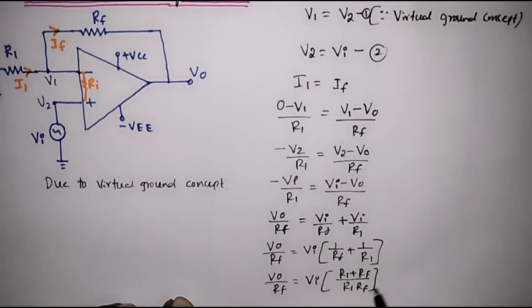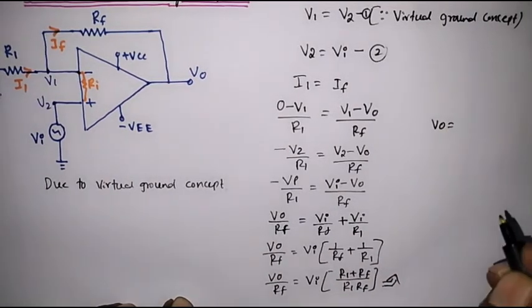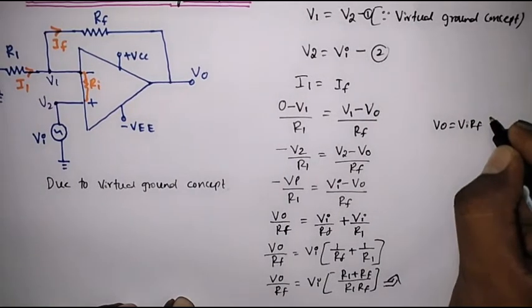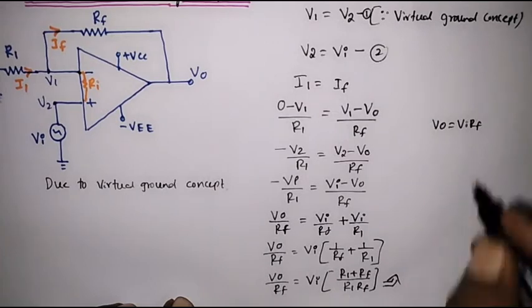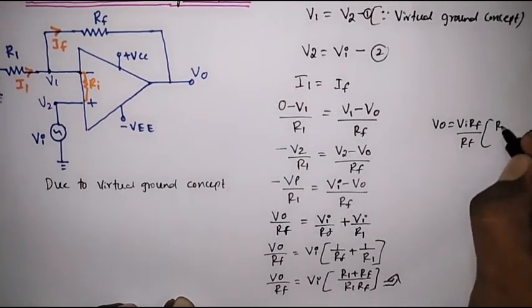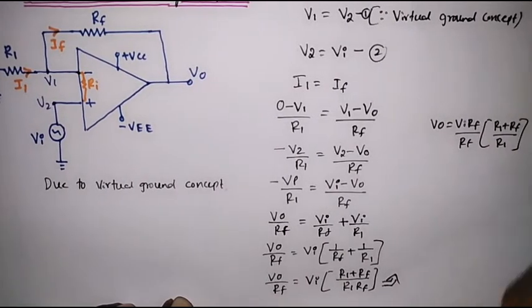Further I'll simplify this, I can write it as VO is equal to Vi into RF. I'll take this RF out of the bracket. I can write it as RF in bracket R1 plus RF divided by R1.